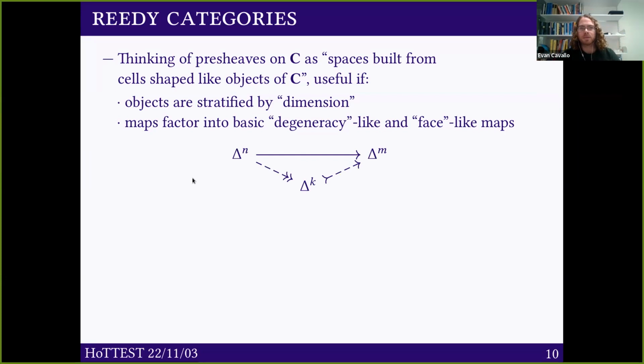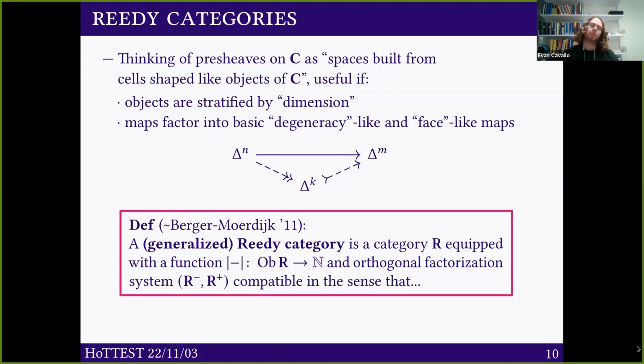So in simplices, for example, we can factor any map between simplices as first one that collapses some stuff and brings us down to a lower dimensional simplex, and then include that as a face in the codomain simplex. And because we're looking at cube categories that have isomorphisms in them, these permutations, what we actually want is the notion of generalized Reedy category, which was invented by Berger and Moerdijk in 2011.